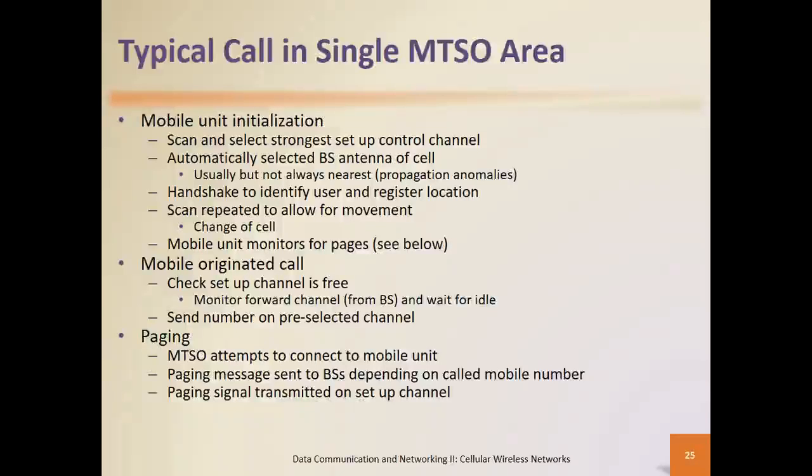If there's a free channel, then they are allocated one, and those channels are monitored through forward channels, waiting for idle times. When a free channel is identified through an idle waiting period of monitoring, numbers can be sent to pre-selected channels to handle the call that has been originated.